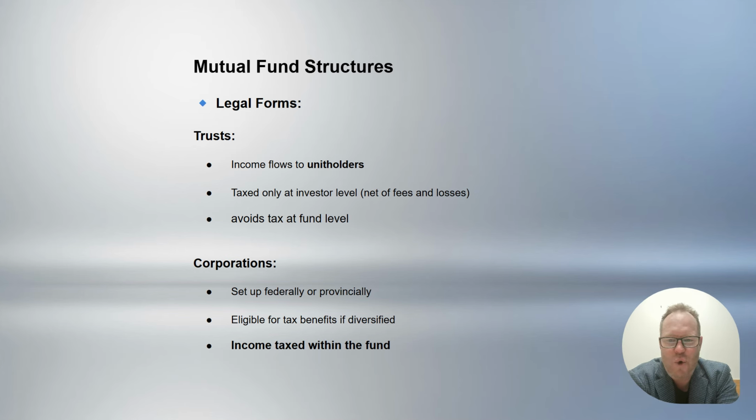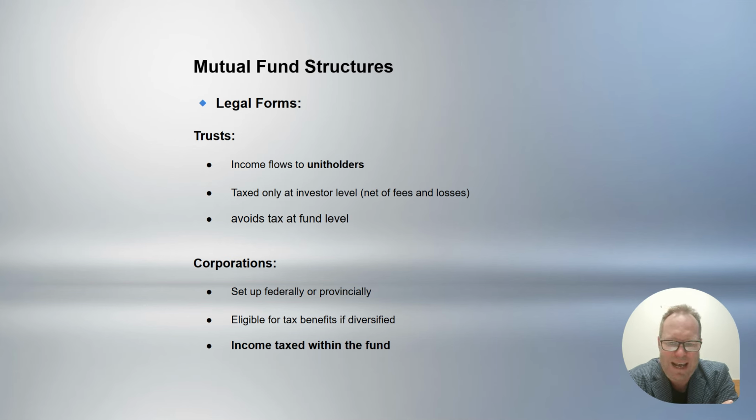It is taxed only at the investor level, net of fees and losses, and it avoids getting taxed at the fund level. So the mutual fund trust is not responsible for taxes that are created from the buying and selling of the stocks held in the fund. They would pass that taxation back on to the trust unit holders.